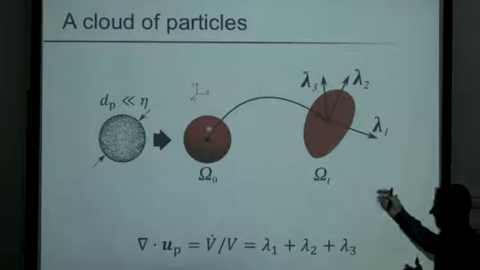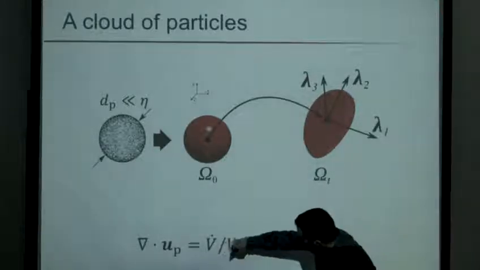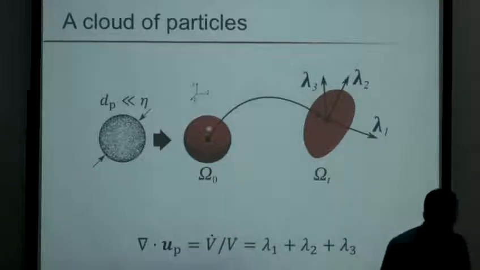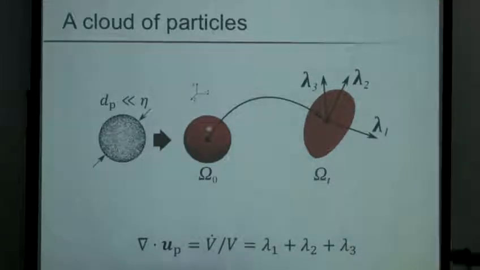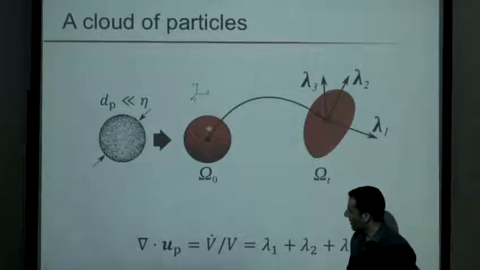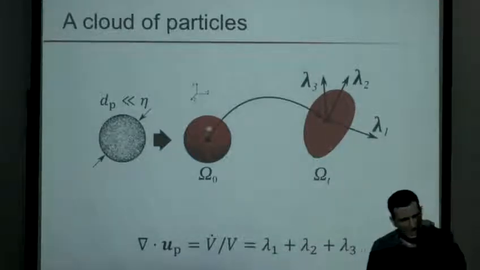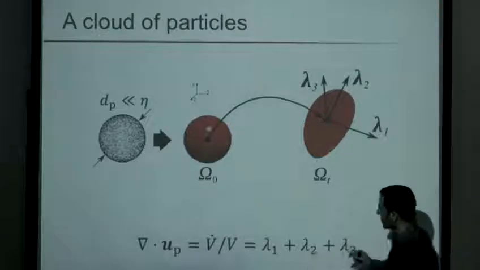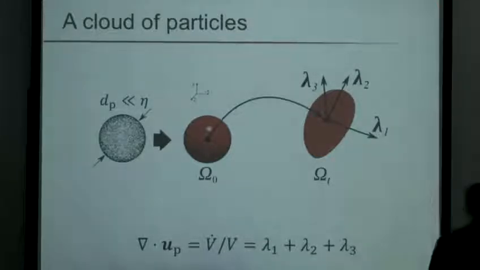If you keep track of that volume and look at its rate of change, it gives you basically the divergence of the particle velocity field, which has a fundamental role in describing whether you're going to have clustering or major mixing in your flow, and which turns out to be basically the summation of those 3 exponents that I mentioned earlier.